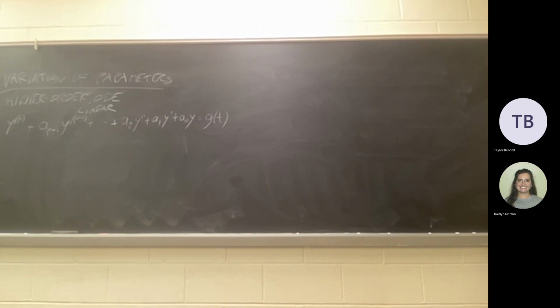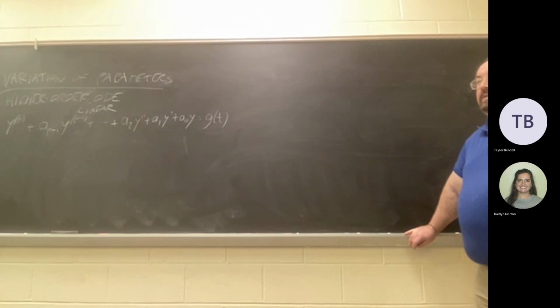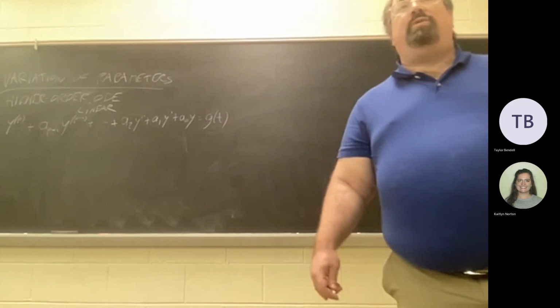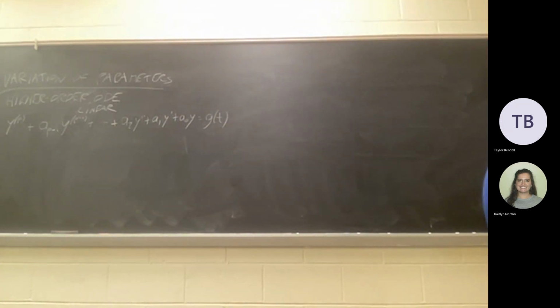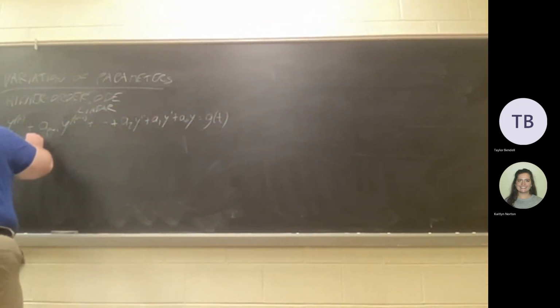At least for the time being, I'm going to assume that the coefficients are constant. Although I should point out that variation of parameters, unlike undetermined coefficients, does not require that the problem be constant coefficient. It's just that if the coefficients are not constant, it's really hard, maybe impossible, to find your homogeneous solutions. So we have the same old initial conditions.